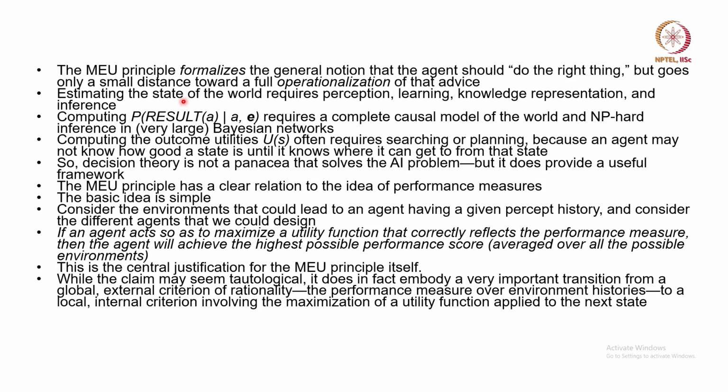Now, we are giving all this in the form of variables, but how does the agent get all these values? Estimating the state of the world requires perception, learning, knowledge representation and inference. Computing the probability of Result(A) given A and evidence requires a complete causal model of the world and NP-hard inference in Bayesian networks. We just saw Bayesian networks, right? So it's not really that everything is that easy.